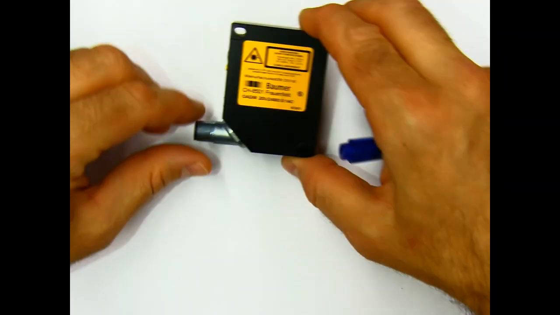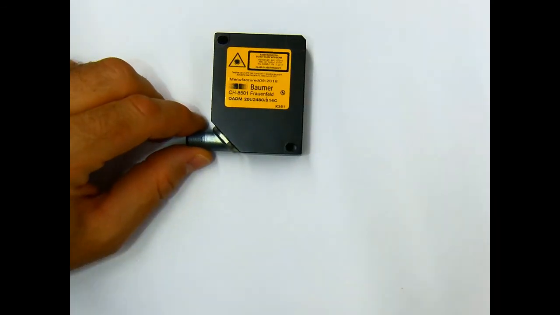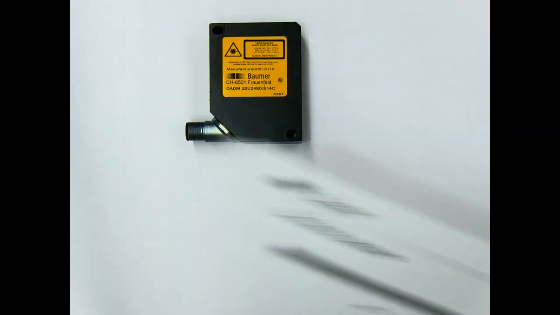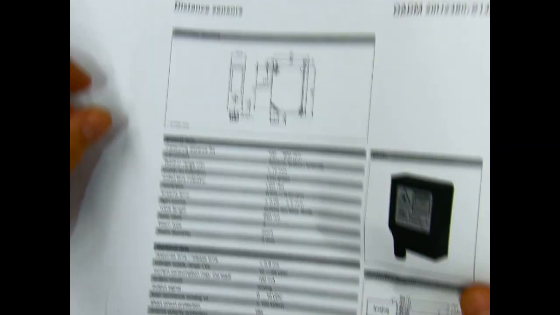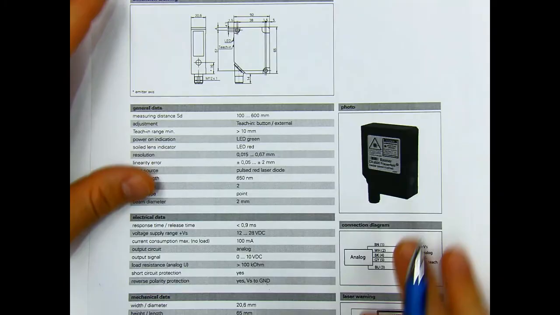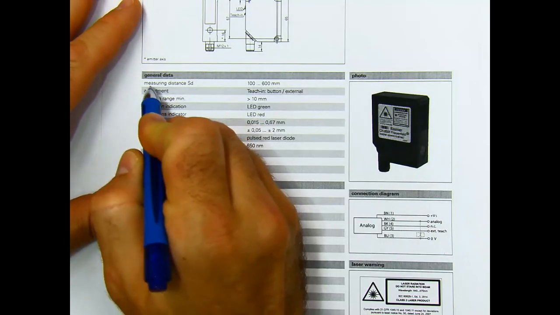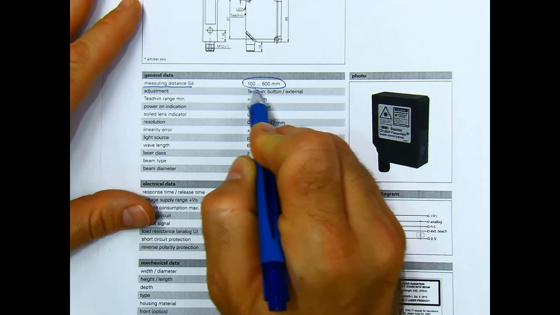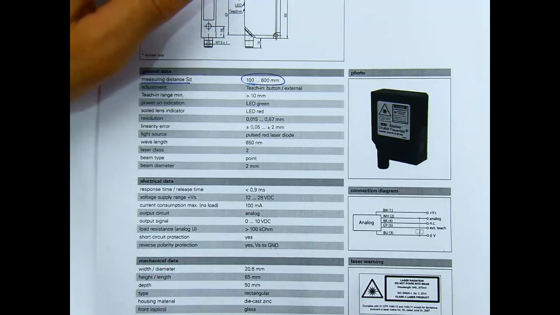Now, what about this? This is our displacement sensor. We can also find its datasheet. Sometimes you need to work a little bit to get the scale factor. So we have the measuring distance. This is the full scale. It measures from 100 to 600 millimeters.